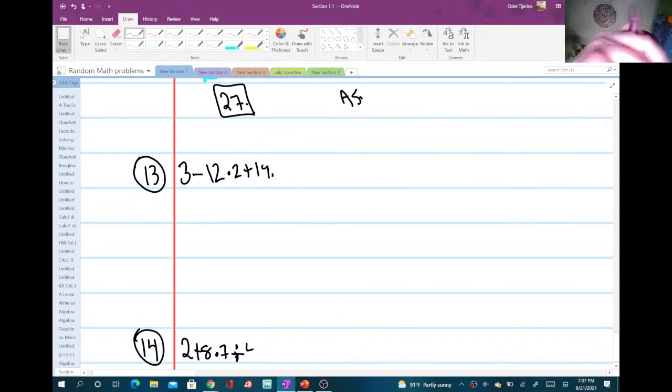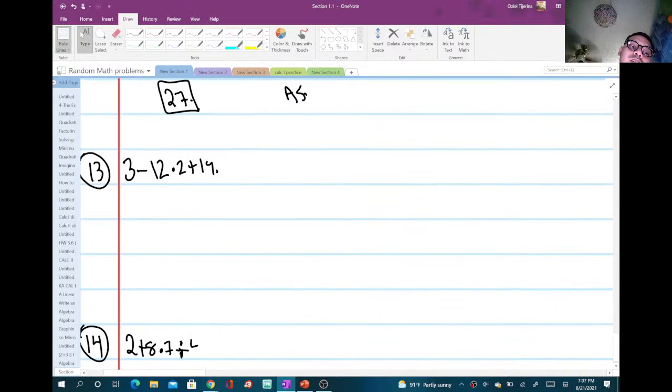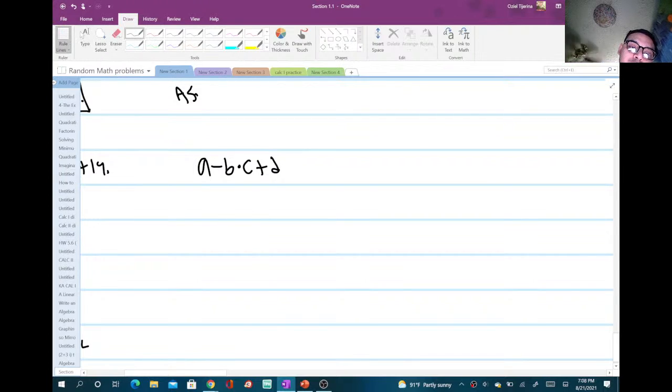If I do 3 minus 12 first, it wouldn't make sense because, for example, A minus B times C plus D, the C isn't being multiplied to 3 minus 12.